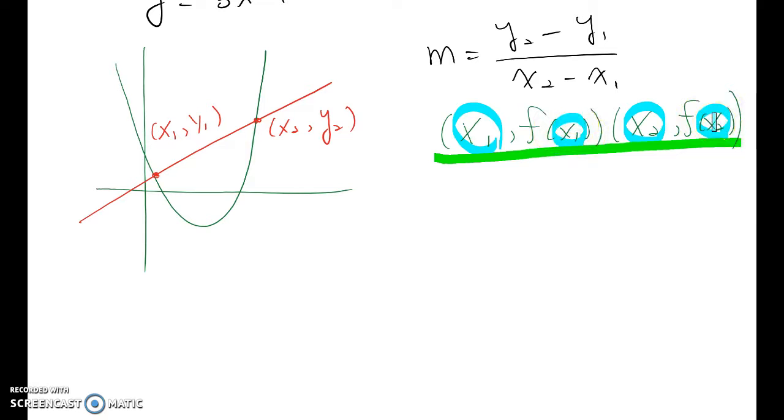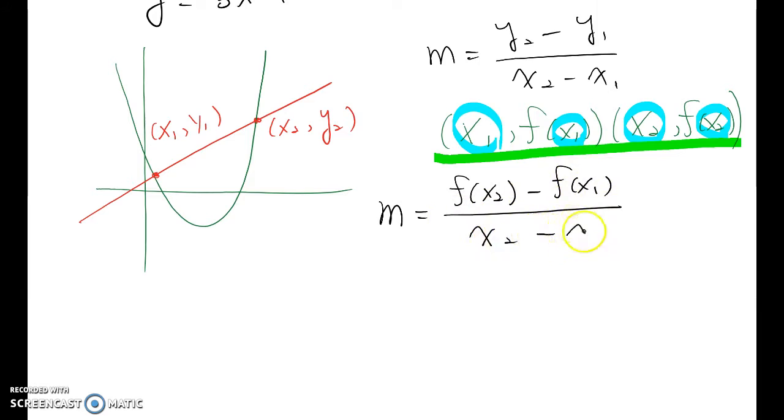So those points can be indicated by x1, f(x1), and x2, f(x2). Alright, then using this formula, let's find the slope again. Then slope m will be f(x2) minus f(x1) over x2 minus x1, right?